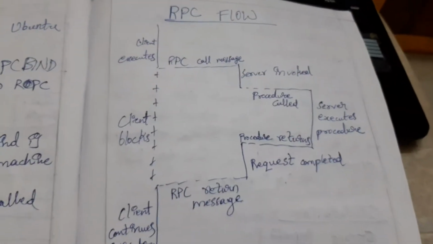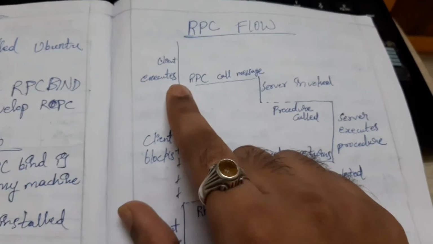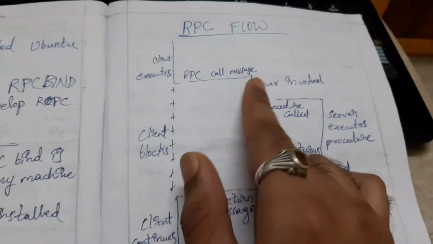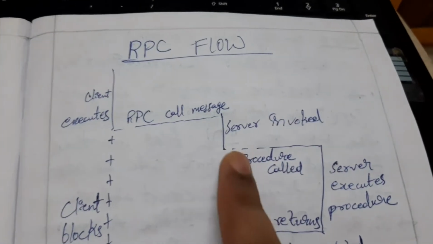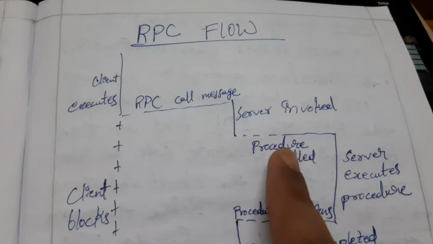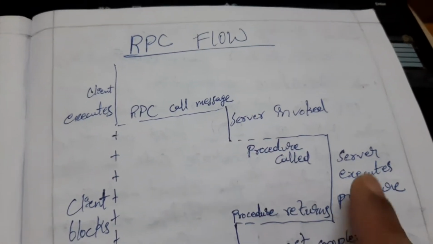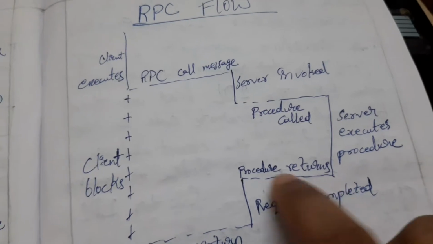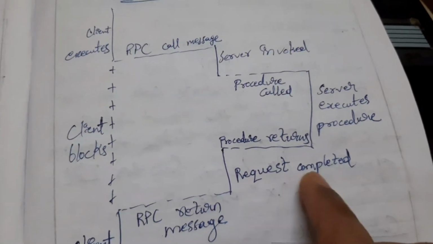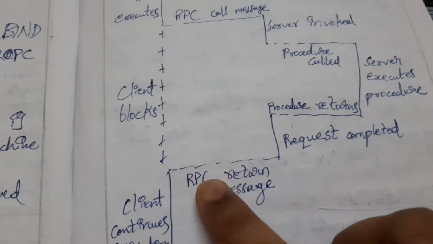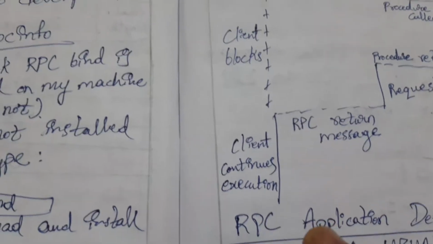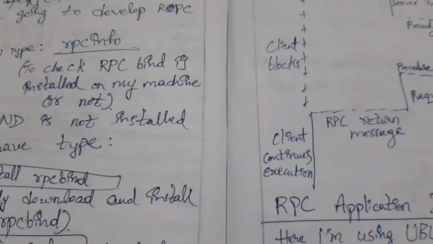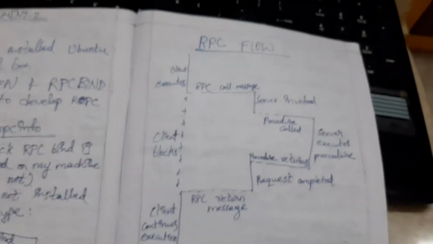Here, the client executes a command which gives the RPC server a call message, and the server will invoke that command and process that call. The server executes the procedure and the procedure will return. The request will be completed, and after completing that request, the RPC return message will be received by the client, and the client again continues the execution. This is the RPC flow.